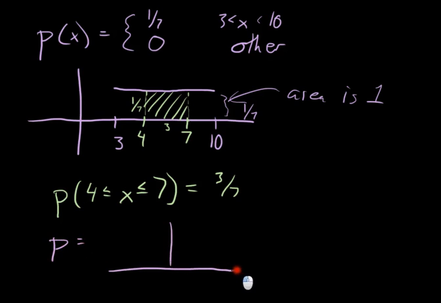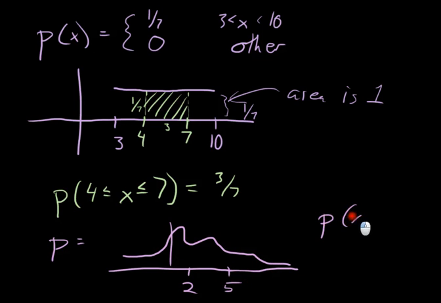All right. In general, let me draw just a generic P to show you, if P looks something strange like this, then say from 2 to 5, the probability that X is between 2 and 5 is just start at 2, go to 5, and whatever this area is, that's your probability.